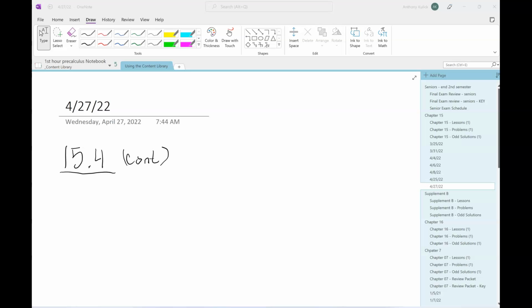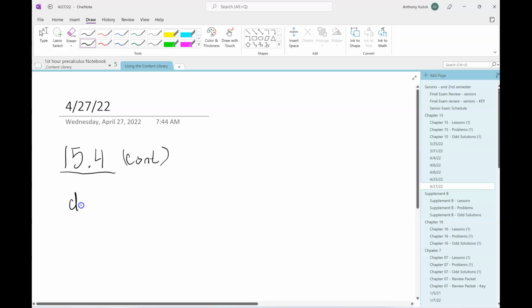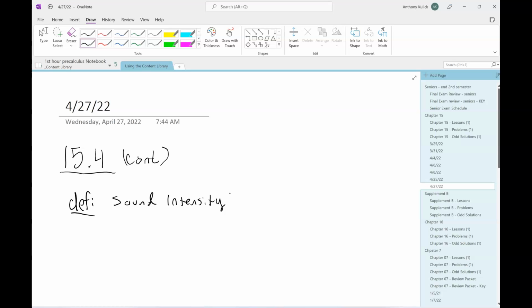So our first model is about sound intensity. Does anybody remember the name of the unit that we measure sound intensity with? Is it decibel?